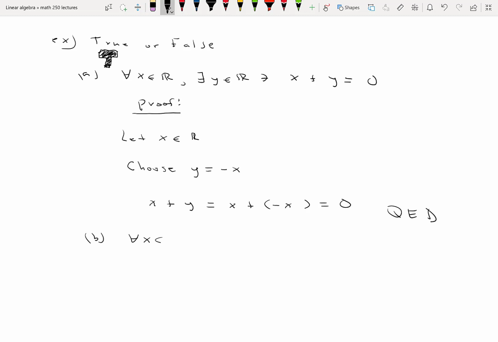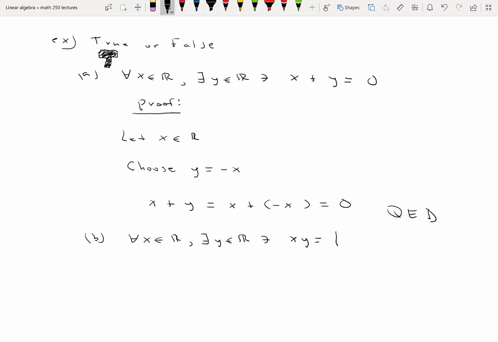So B. For every x in R, there exists a y in R, such that x times y equals 1. For every real number, for every number that you can imagine, can you find another number so that when you multiply x by it, you get 1?